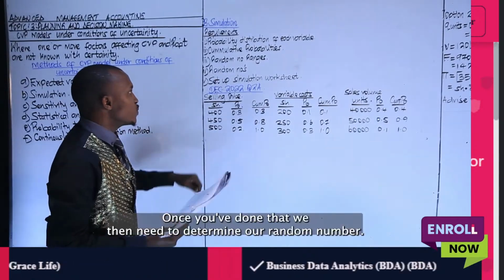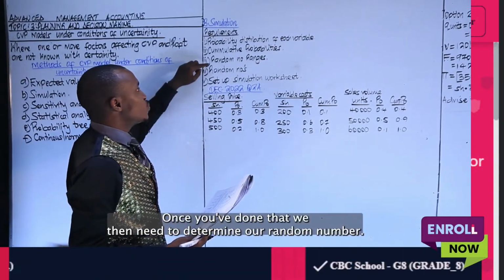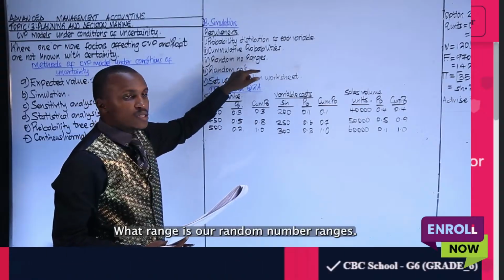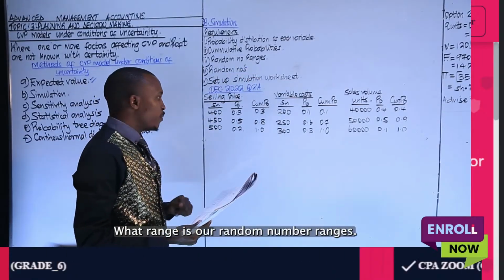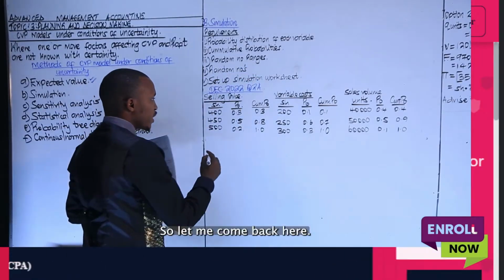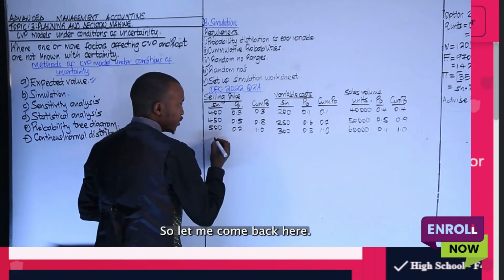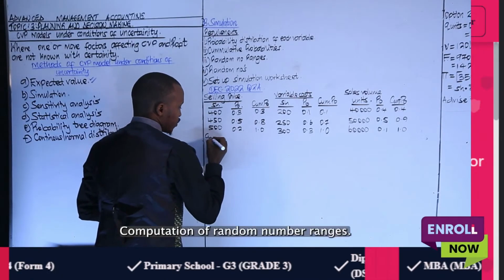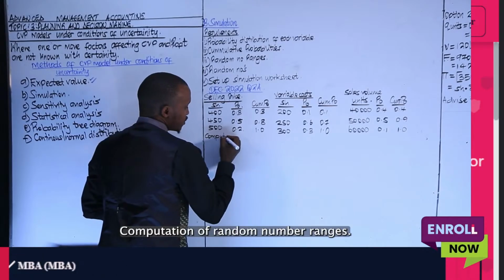All right. Once we have done that, we then need to determine our random number ranges. Computation of random number ranges.